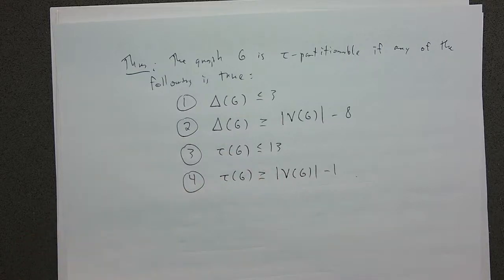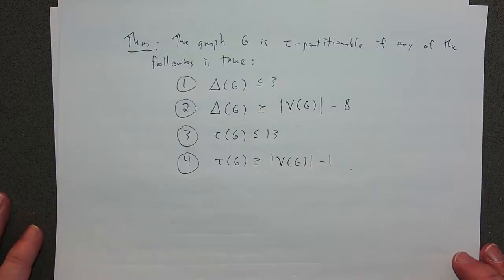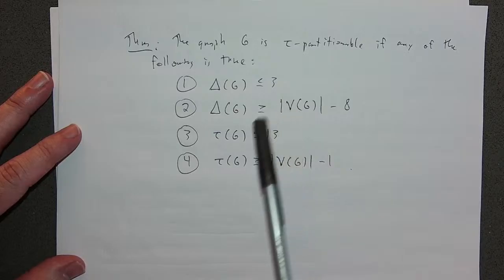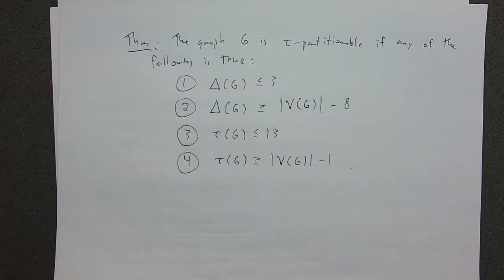So it's almost like this is sort of resolved except for graphs that are essentially mid in those categories, right? They are like, oh, the max degree is not too small, not too big. The detour order is not too small, not too big. So it's these middle of the road graphs that are where there is some confusion.